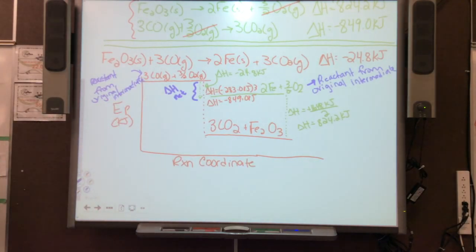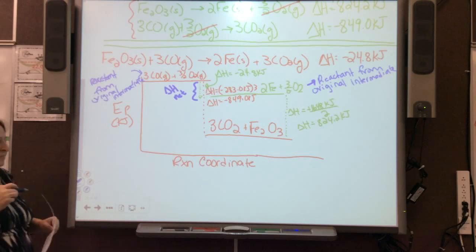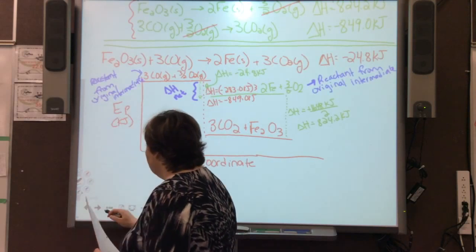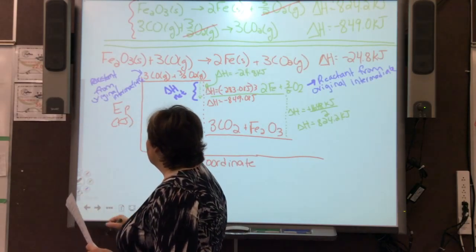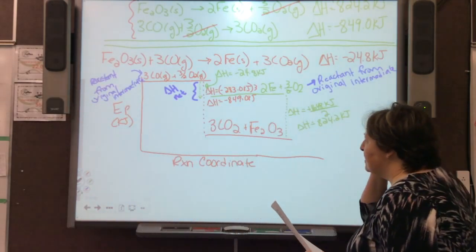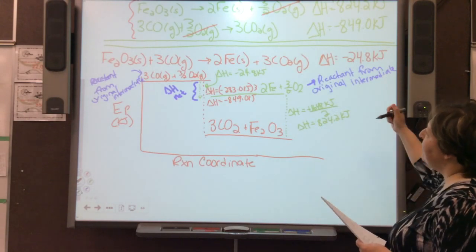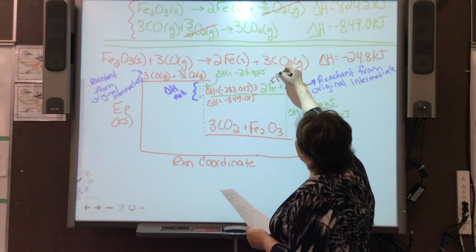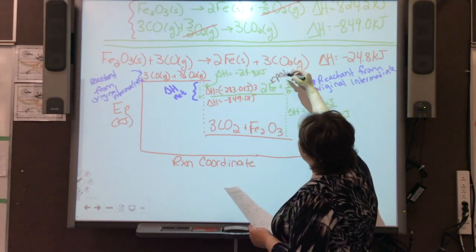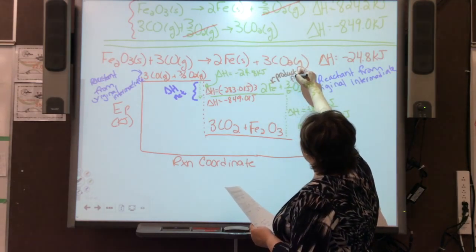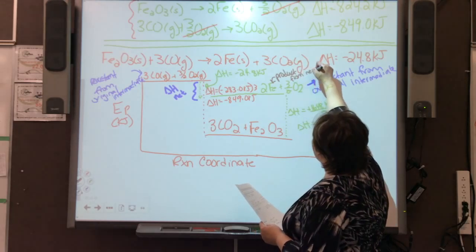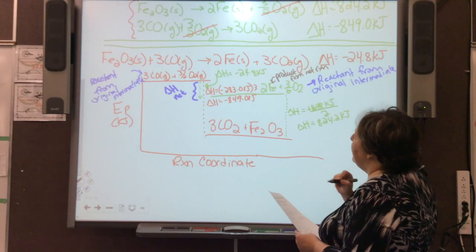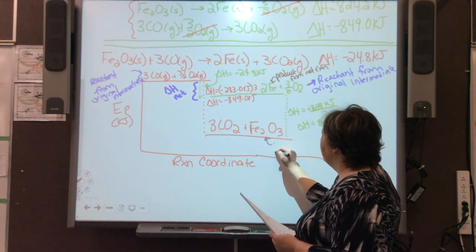Okay, those are the 2 original reactants. So then when we look at these, here, this is a product from the net reaction, and this is a product.